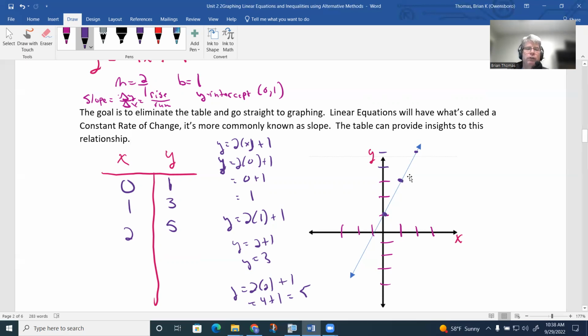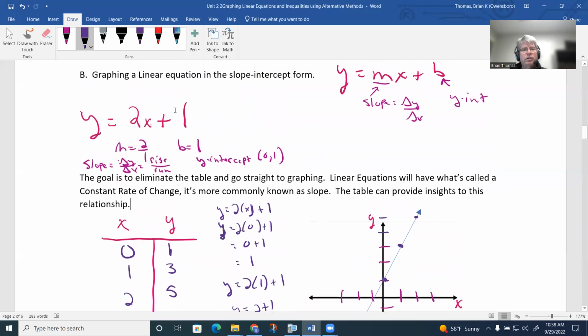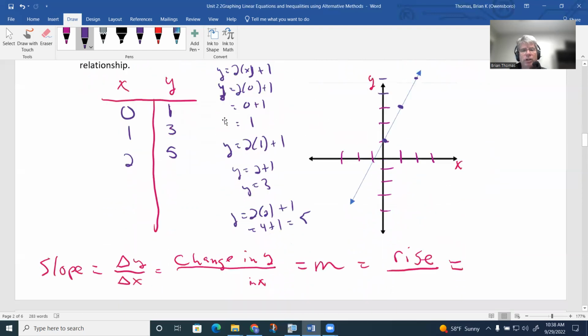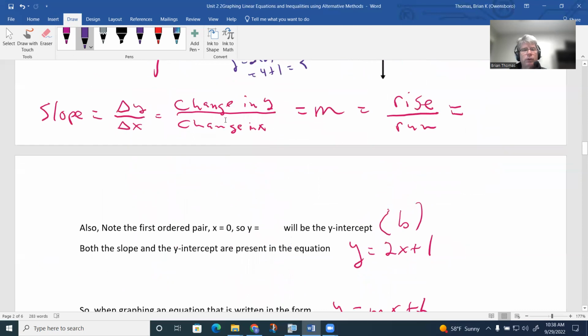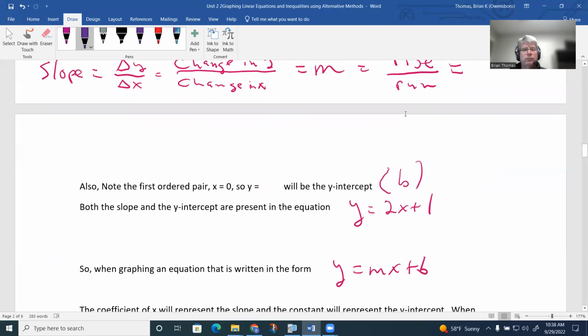Our goal in graphing sometimes is to eliminate the table by taking advantage of some things that are actually in the equation. So to graph, if we know the y-intercept and slope, we can bypass the table and sketch our graph. Again, slope is the change in y over the change in x. M is a lot of times the letter we use for slope, and slope is this rise over run concept.